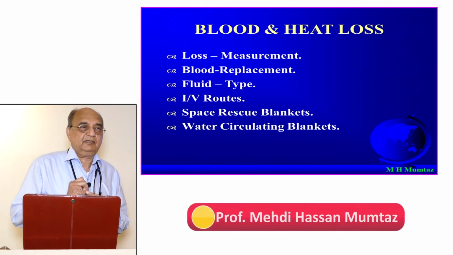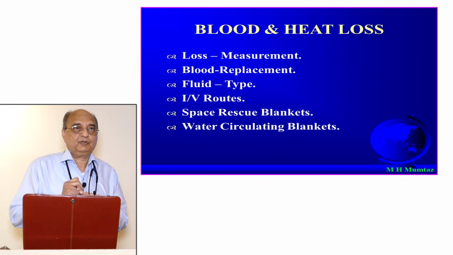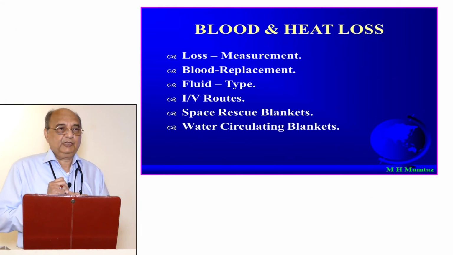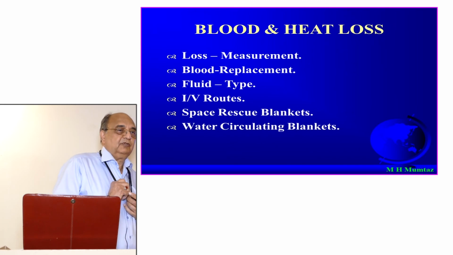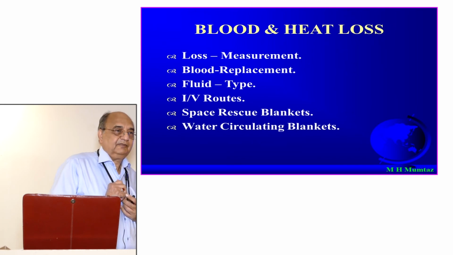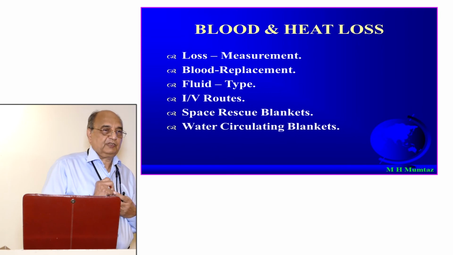Up to 15%, you can replace it with fluids that can compensate your blood volume. In case of neonates, if they lose more than 10% of their blood volume, you should replace it by blood, right?